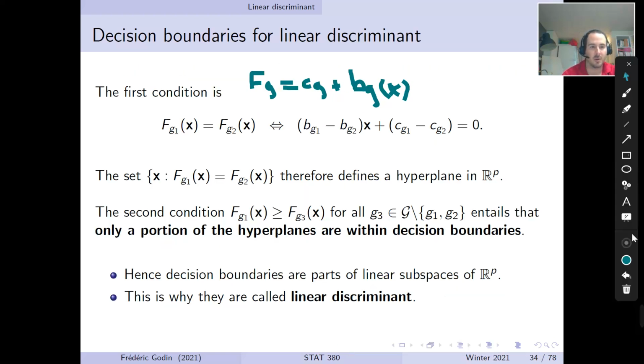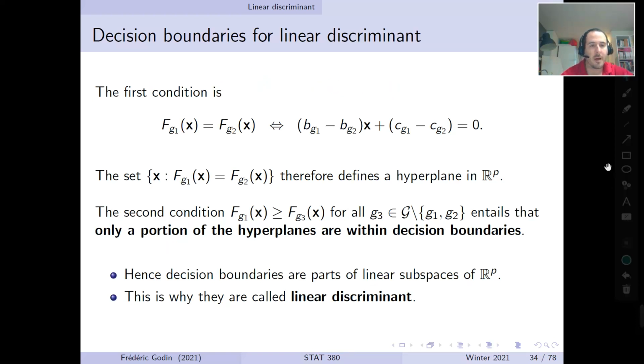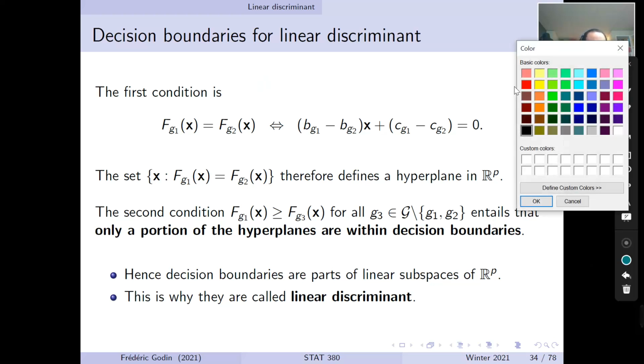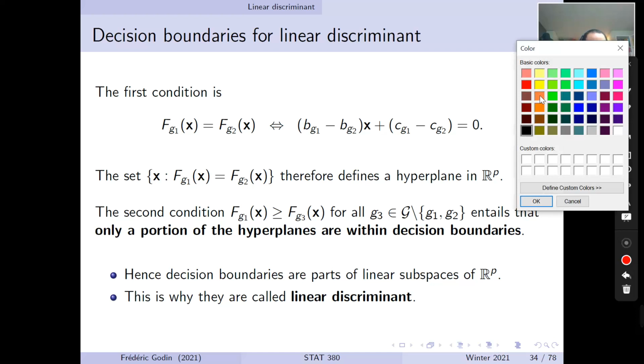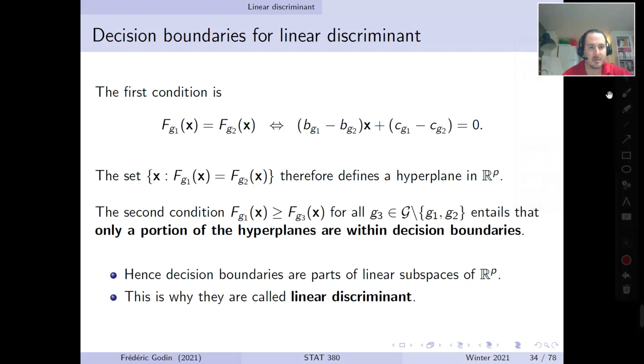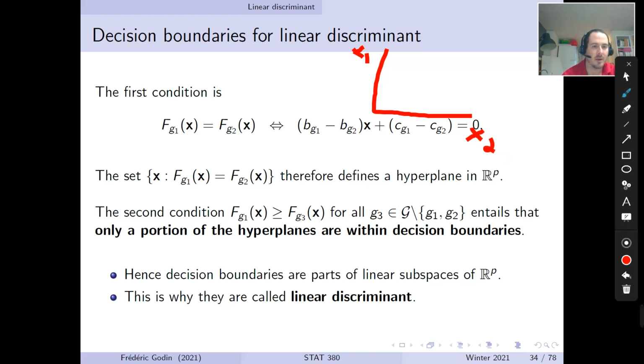Before going back to the example, maybe I'll have a figure to illustrate that. Let's say we have three classes, and this is the possible values of x1 and x2. Maybe we have three classes, red, blue, and yellow.